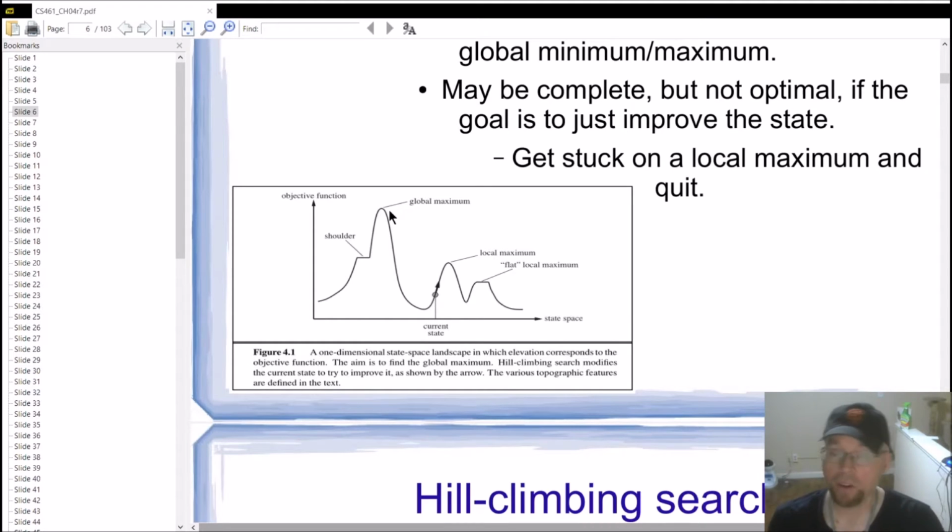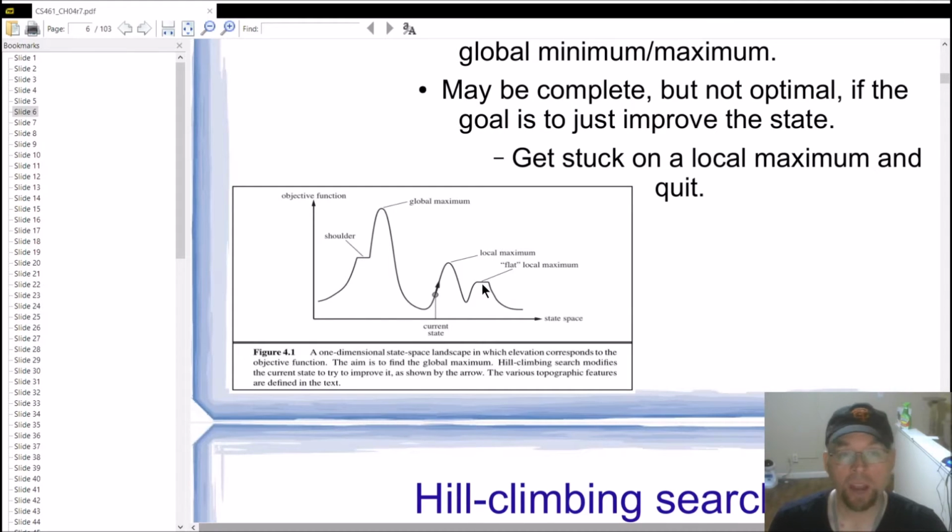Now if that node happens to be the highest valued node out of all that could ever possibly be generated, that's a global maximum. But you can see here a local maximum. What does that mean? That means that the value for that node, and therefore that state, is higher than any of its neighbors that it could generate, but not as high as the highest possible state.